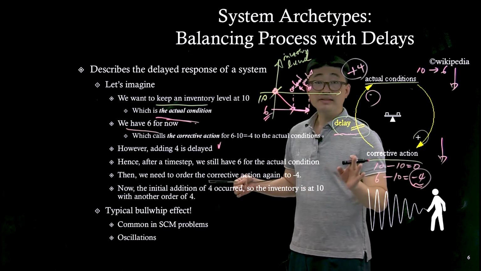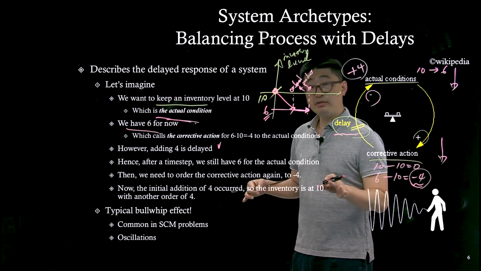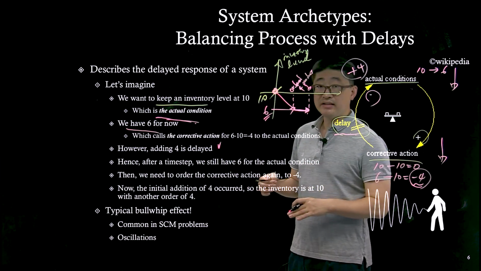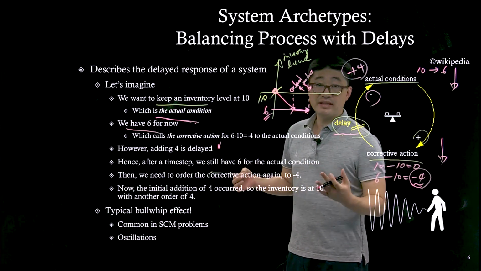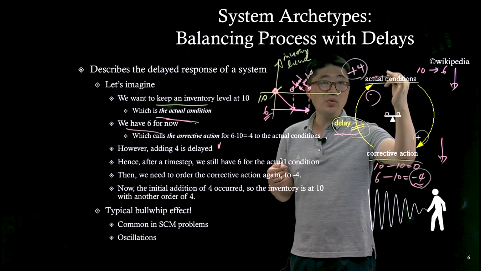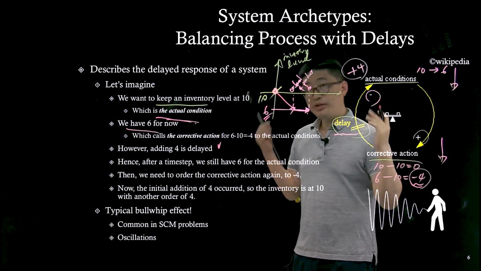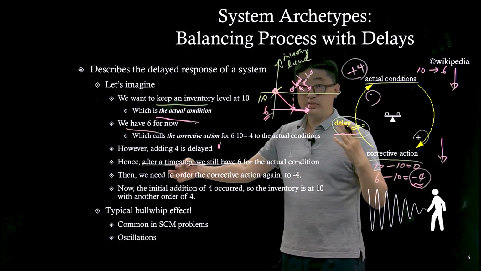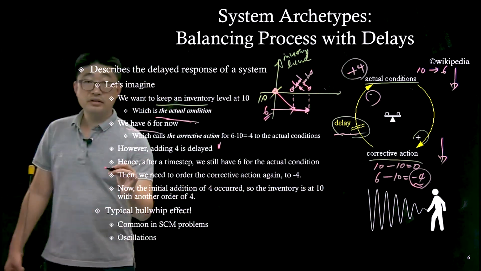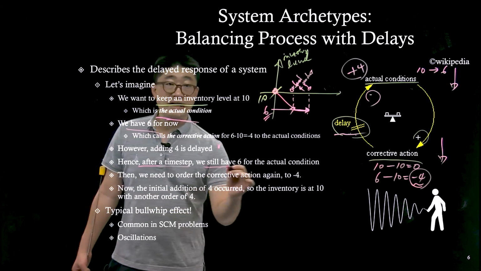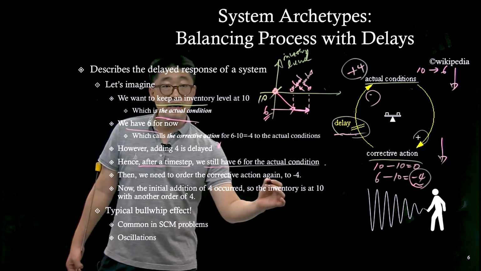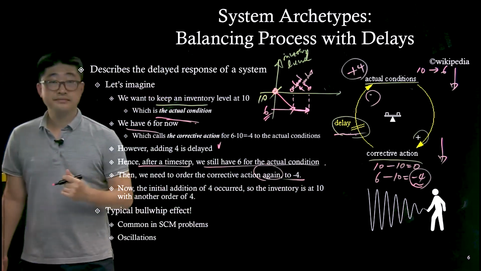So now, suddenly we have an order of 8, and if it is compensated, it's going to be more than 10. However, since we are reacting only to the current conditions, without thinking about our previous orders, we order again. So after a time step, we still have 6 for our actual condition. Then now, we are again ordering 4 products.